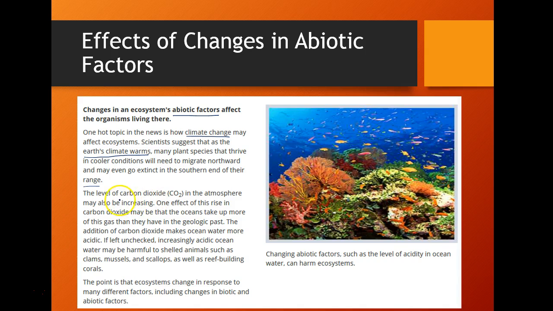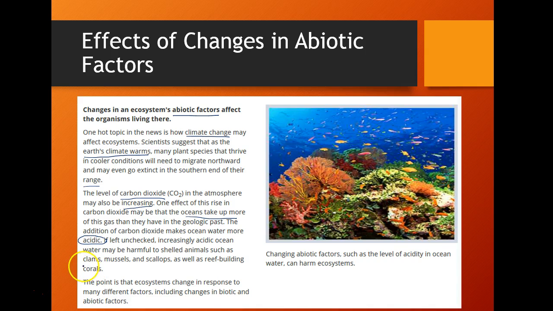Another abiotic factor that could change is the carbon dioxide level. The carbon dioxide levels in the atmosphere may also be increasing. And so what that can cause is for oceans to take up more of the gas. When oceans take up more of the carbon dioxide, it makes the ocean more acidic.